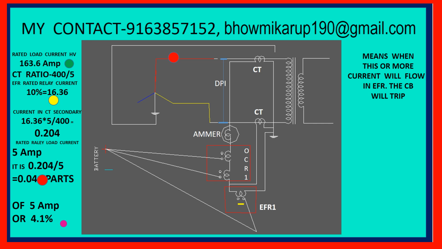If there is any earthfault in the 132 kV side, then its earthfault relay will energize and the CBs will trip. Both the CBs will trip, the HV side and LV side transformer CBs. So during this normal current, it is not entering into the earthfault relay. But when the earthfault relay will energize, I'll show it now.